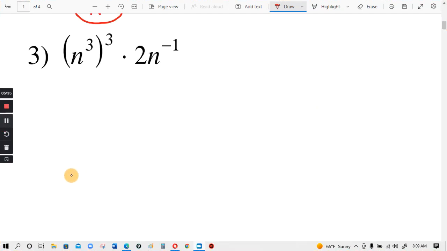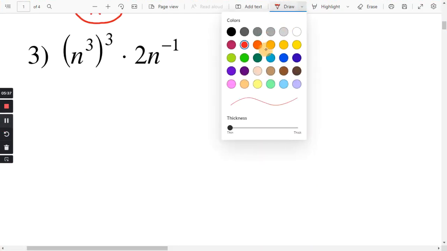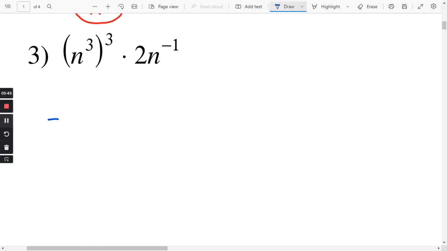All right, let's look at number 3. We have n to the third raised to the power of 3. So we keep the n, and the exponents get multiplied in this case. 3 times 3 is 9. And that's going to be times 2 times n to the negative 1.